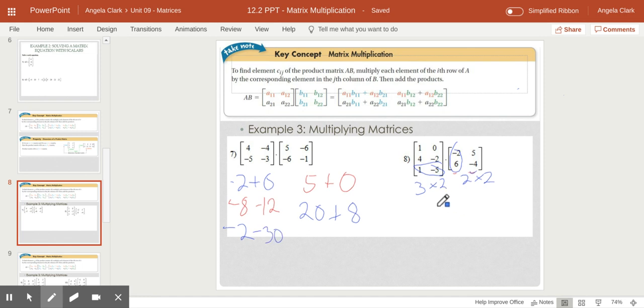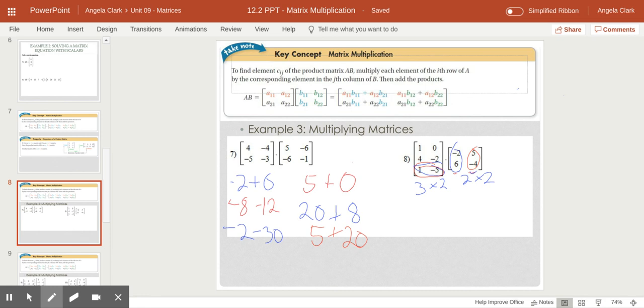So that's that one. And now we can do third row, second column. 1 times 5 is 5. -5 times -4 is +20, so +20. So that's it. That's all of our elements. It's 3 by 2, which is what we expected. So now we can just do the addition and we're done.